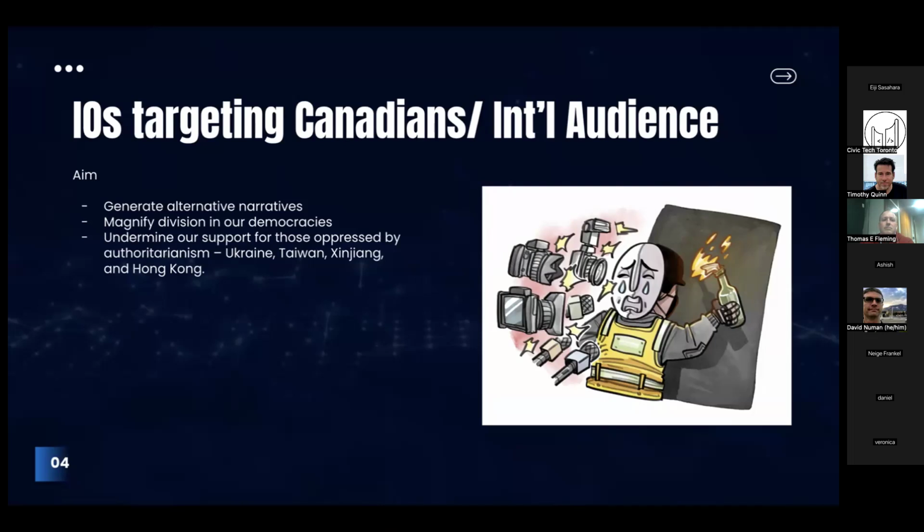But when they face the international media, they try to play the victim. This kind of disinformation was spreading on social media at that time. It also helps to undermine our support for those oppressed by Chinese authoritarianism, such as giving foreign aid or condemning the human rights abuse and crackdown on democracy at those times.